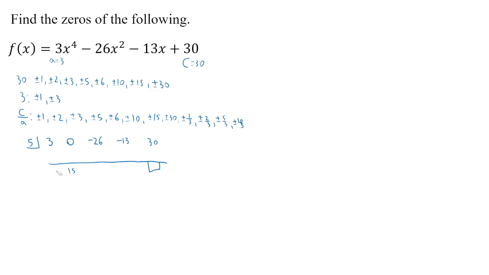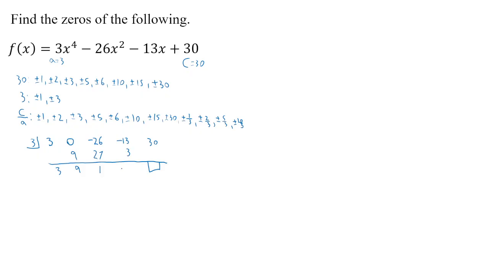Let's try 3. Bring down your 3. 3 times 3 is 9. 0 plus 9 is 9. 3 times 9 is 27. Negative 26 plus 27 is 1. 3 times 1 is 3.